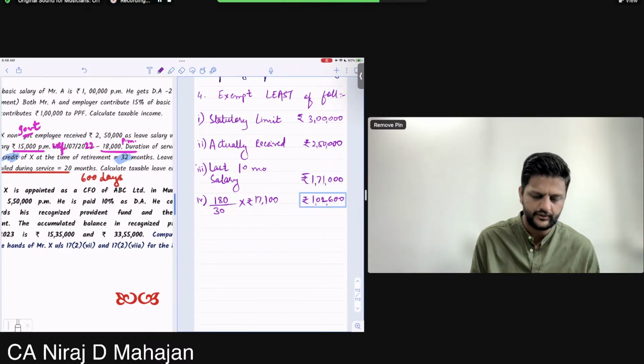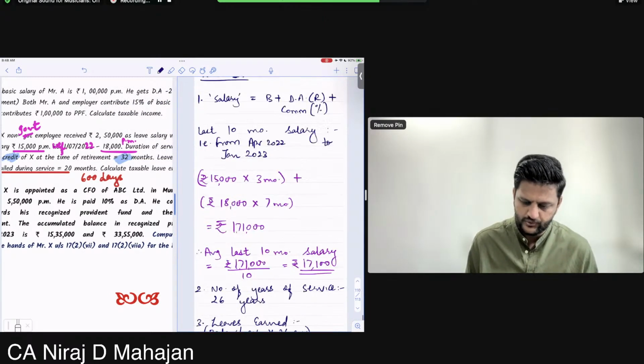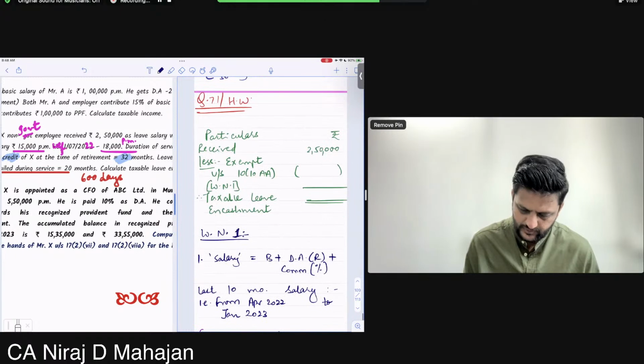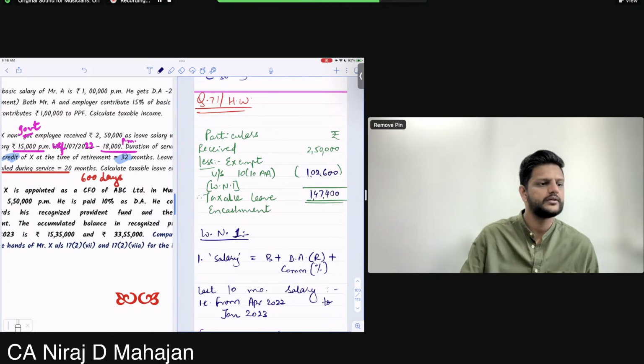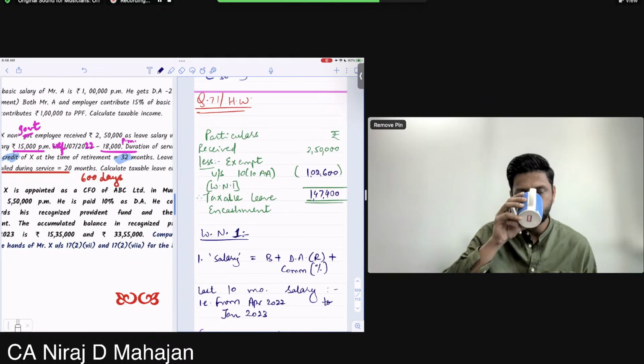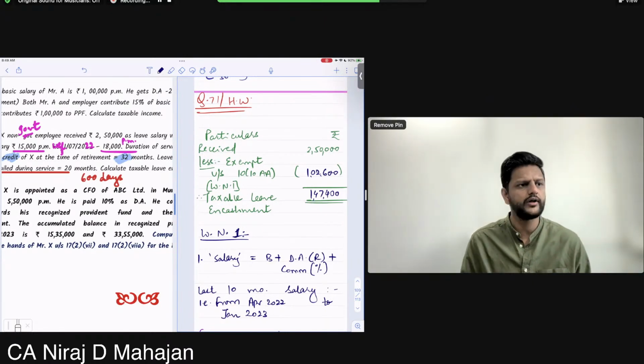Achha, you got it correct. So I'll reduce that 1,02,600 as exemption. So taxable will be 147,400. Yes, correct. All of you okay till here?